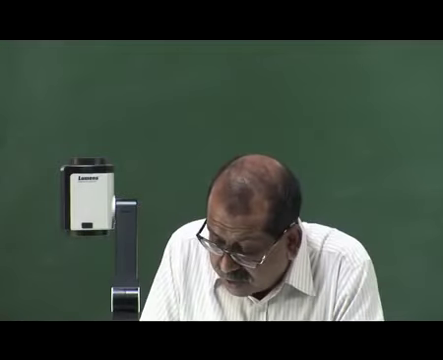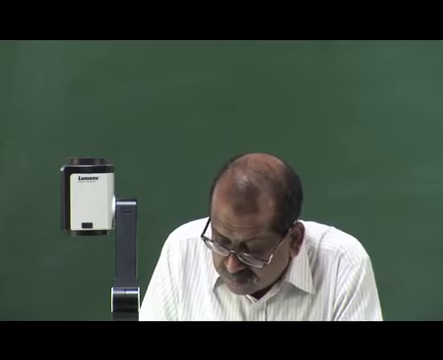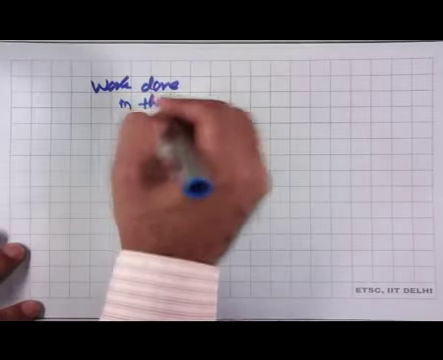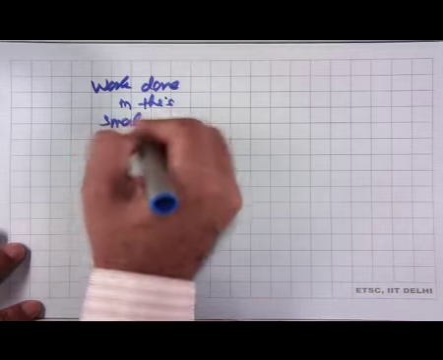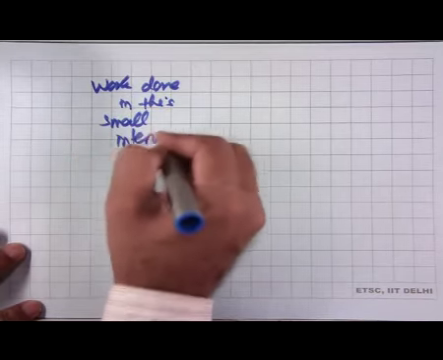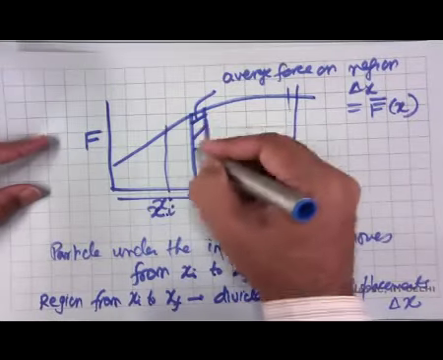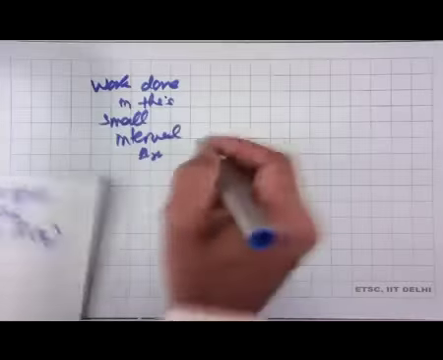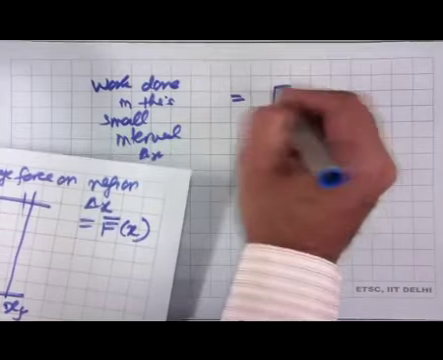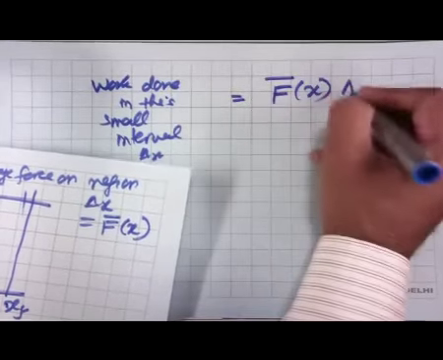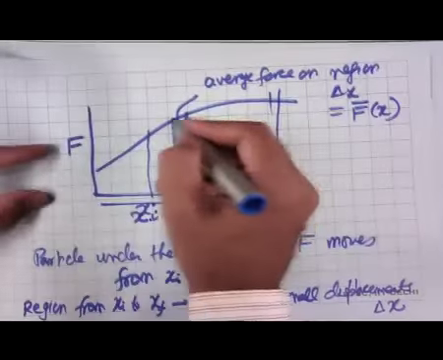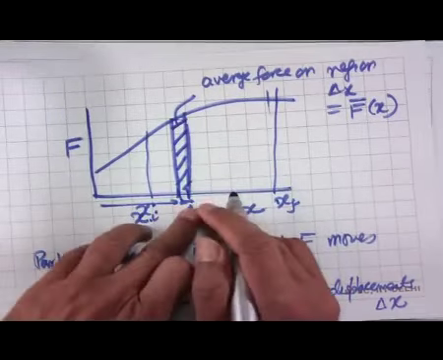So, the work done in this small interval delta x will be equal to f bar of x times delta x, because the average force here is f bar, the displacement is delta x.